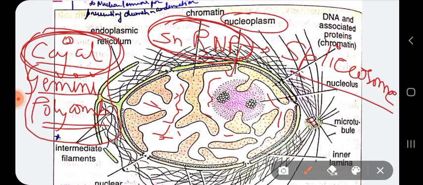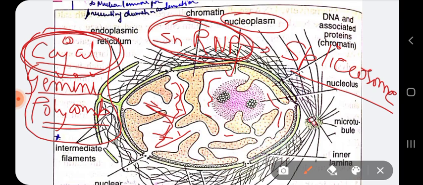Gemini bodies are also nuclear bodies, which are frequently found closely associated with the Cajal bodies. They are similar in size and shape to Cajal bodies, but different because Gemini bodies do not contain the small nuclear ribonucleoproteins.